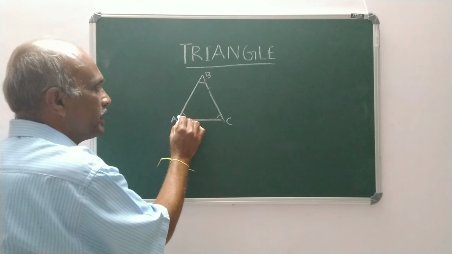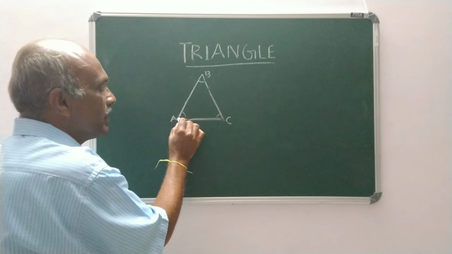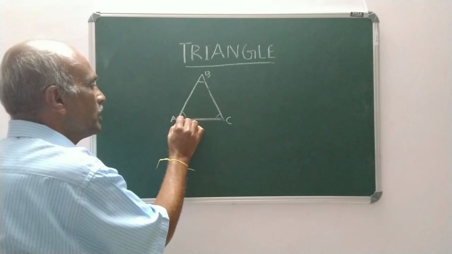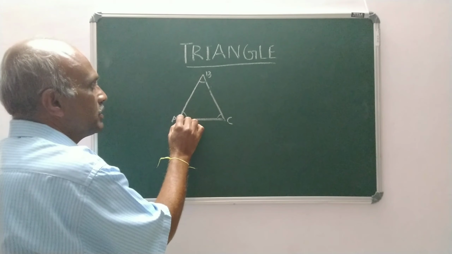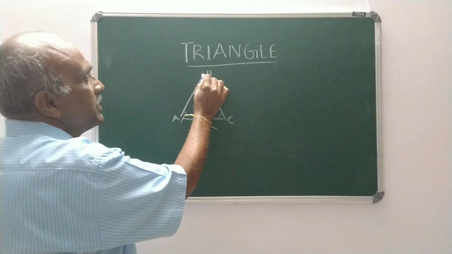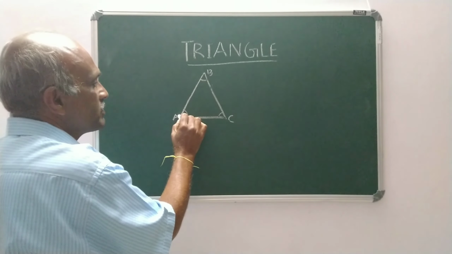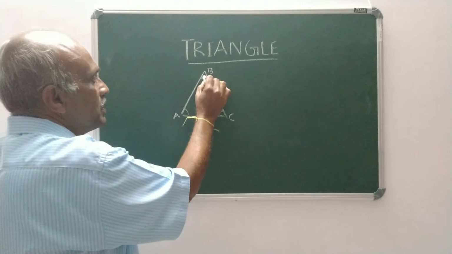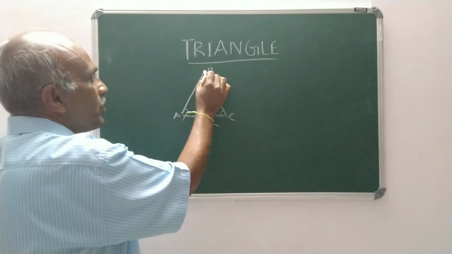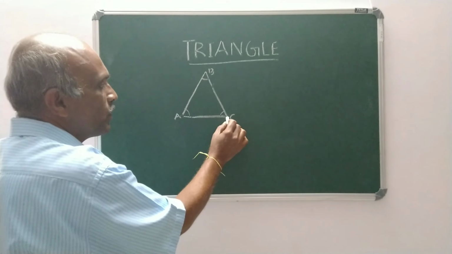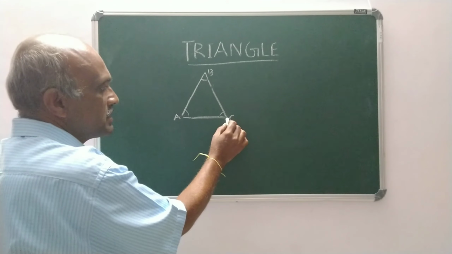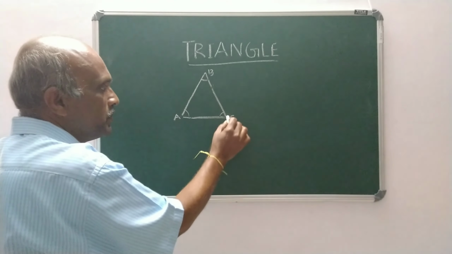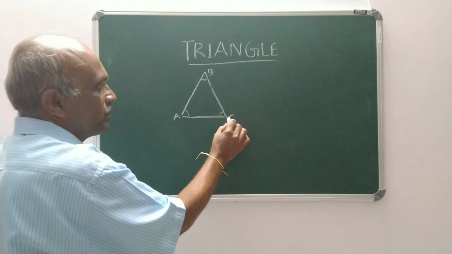For example, at A, BA and CA will meet, resulting in the formation of a vertex at A. Similarly, at B, two sides of the triangle, that is AB and BC, will meet, resulting in the formation of a vertex at B. Another vertex will be at C. C is obtained by the intersection of two sides, that is BC and AC.